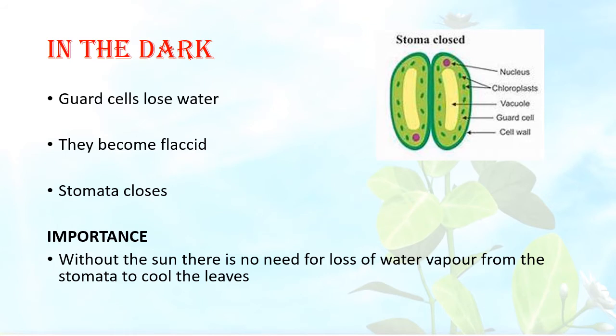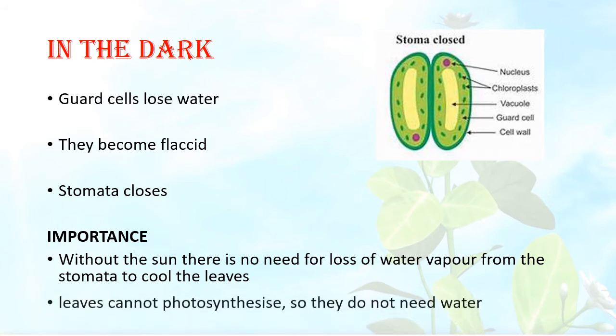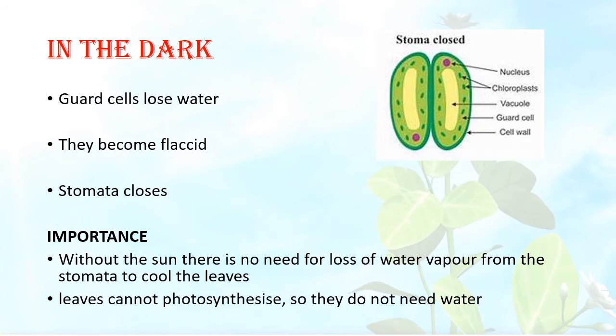But in the dark, they don't need to cool the leaves, so there's no need for loss of water. In addition, leaves cannot photosynthesize in the dark because there's no sunlight, so they don't need water. So there's no need for water to enter the leaf at night.